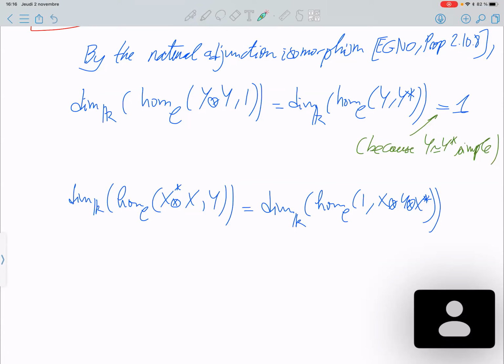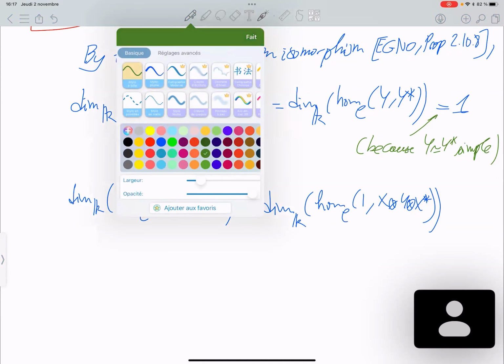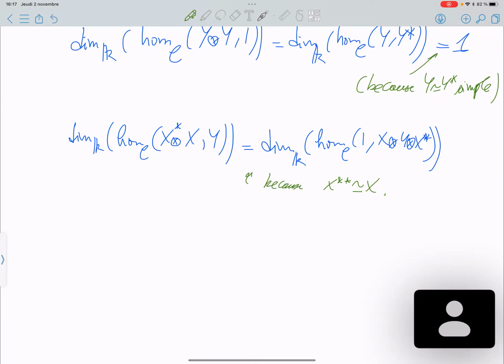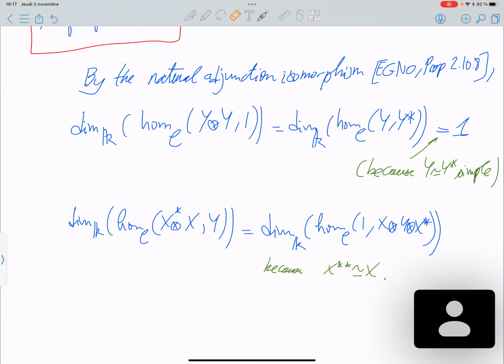But X double star is isomorphic to X. We are in a fusion category, yeah. X double star is isomorphic to X because in a fusion category, X double star is isomorphic to X. Okay. So that's okay.